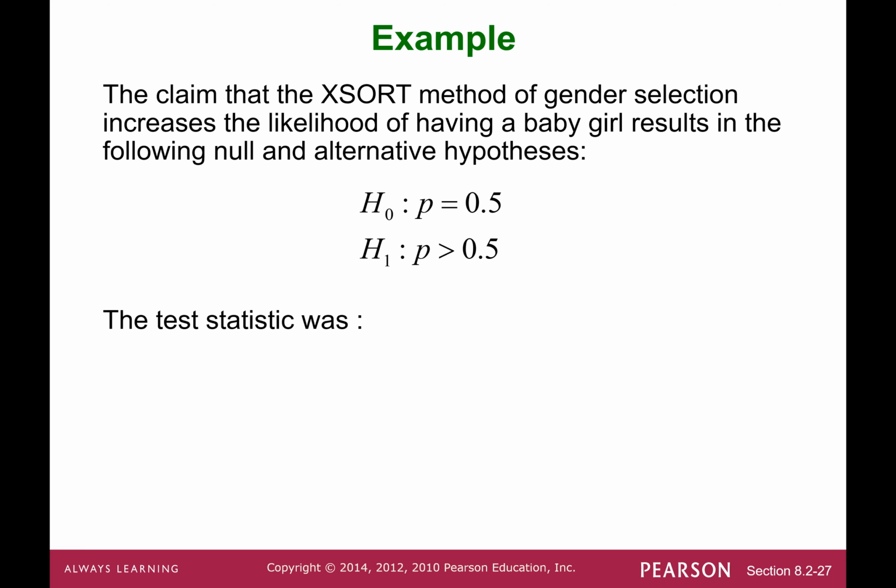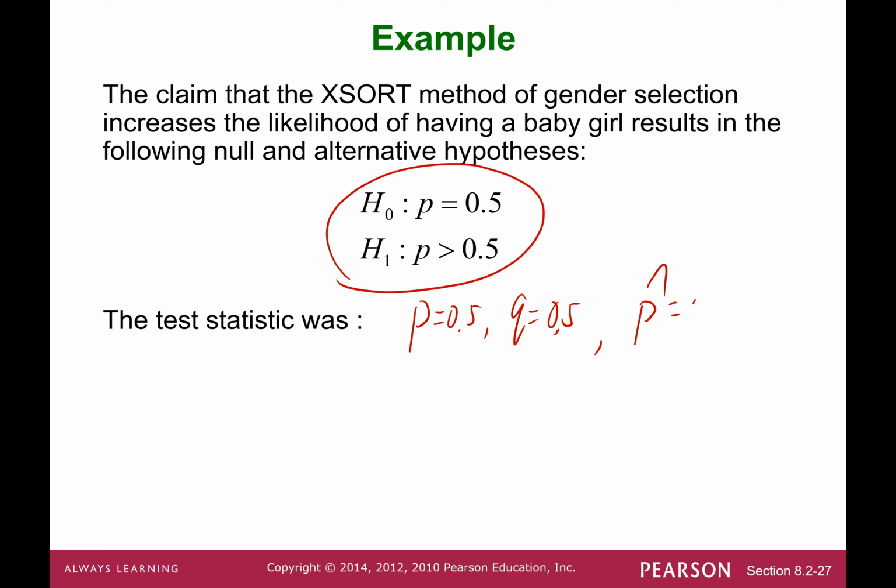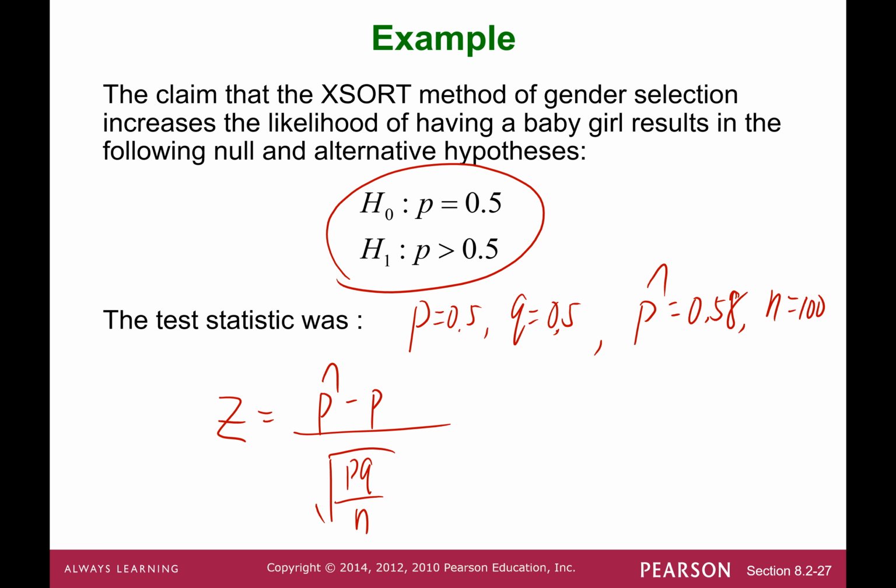So the claim that the XSORT method of gender selection increases the likelihood of having a baby girl results in the following null and alternative hypotheses, which we stated a couple times already. Here p equals 0.5, q equals 0.5. The sample proportion p hat is 0.58. Sample size is 100. Then find the test statistic z-score: p hat minus p over the square root of pq over sample size.